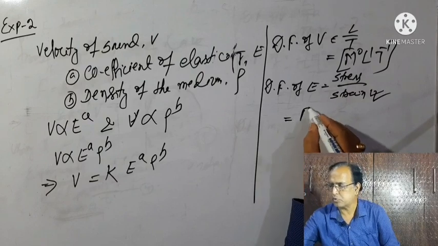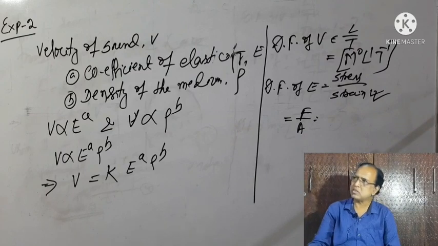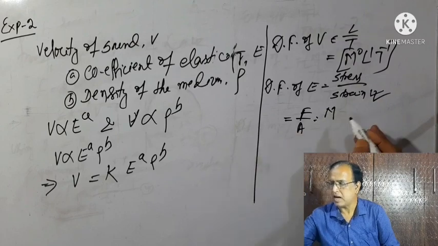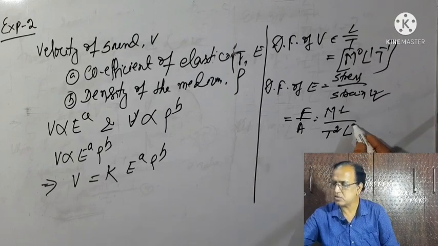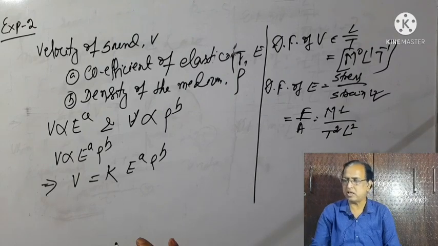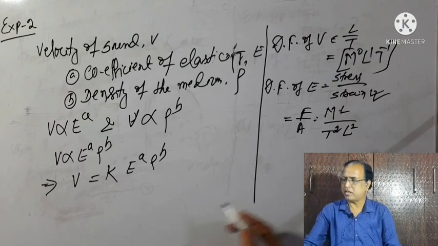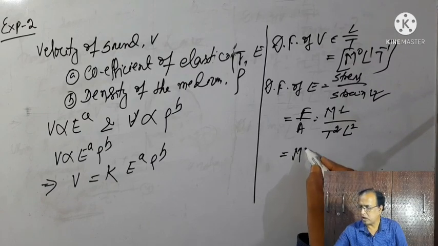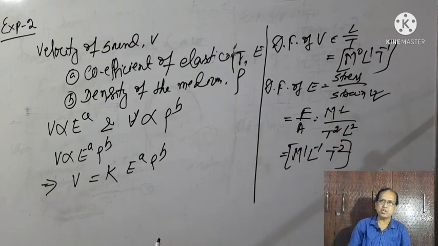Stress means force per area. Force is mass into acceleration. Acceleration is velocity by time, and velocity is length by time, so acceleration is L by T square. Area is L square. So M into L by T square by L square, L gets cancelled, so that is equal to M1 L minus 1 T minus 2. This is the dimension formula of E, the coefficient of elasticity.